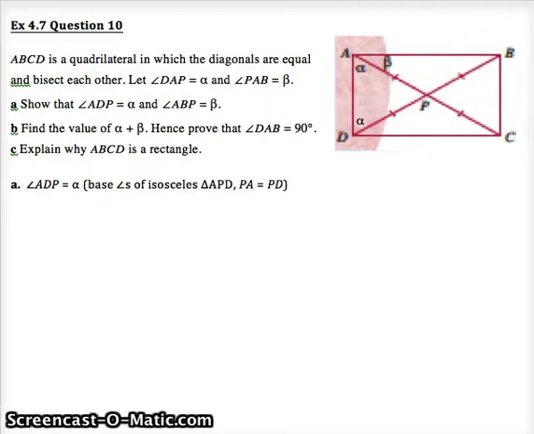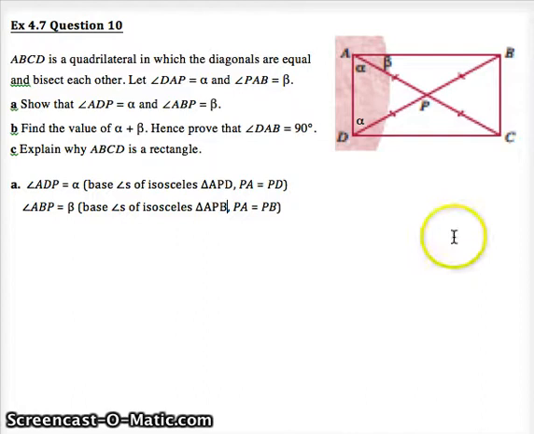So we can write that up as well. Angle ABP is also equal to beta, because we've got base angles of isosceles triangle APB, and it's an isosceles triangle because PA equals PB, and I'll just mark in the beta on that diagram as well.